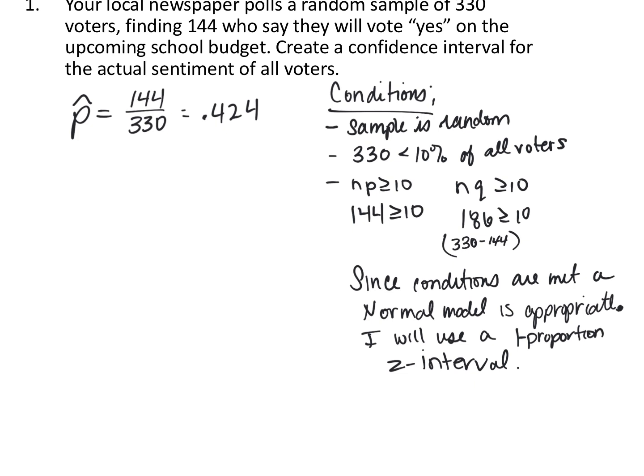So we want to say that. That's like a whole part of the AP exam. Conditions and identifying the name or the formula that you're using, right? So the formula looks like this. p hat plus or minus z star square root of p hat q hat over n.